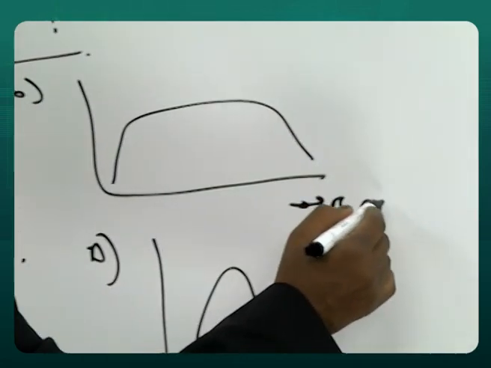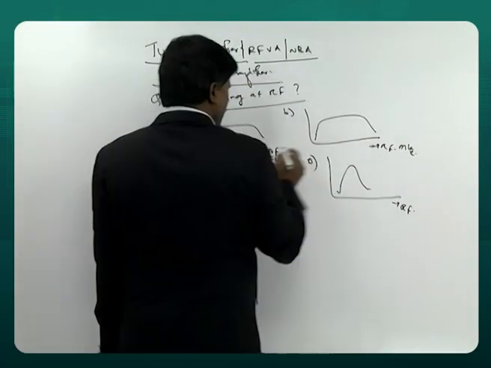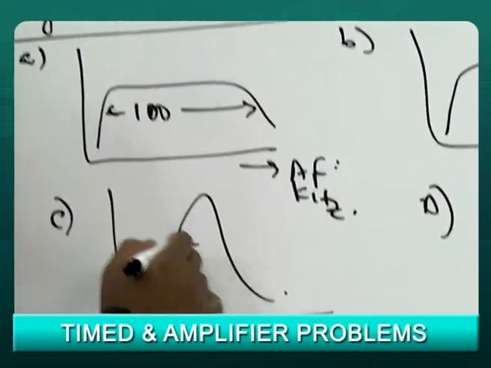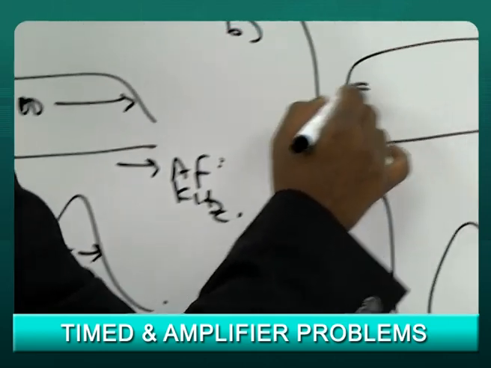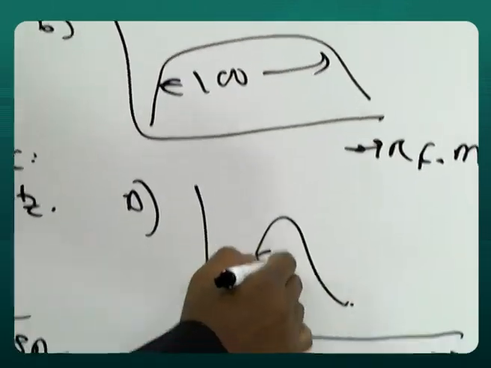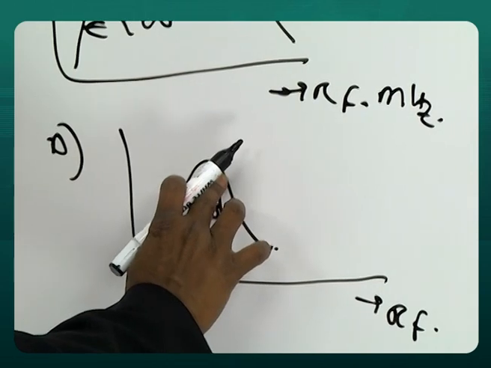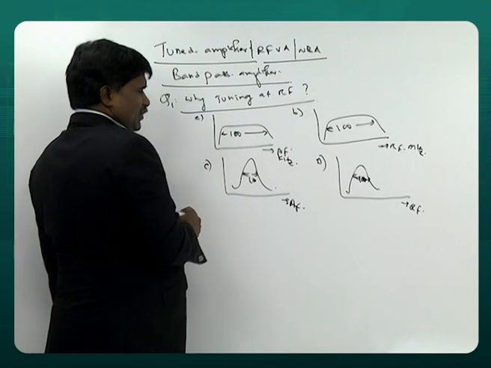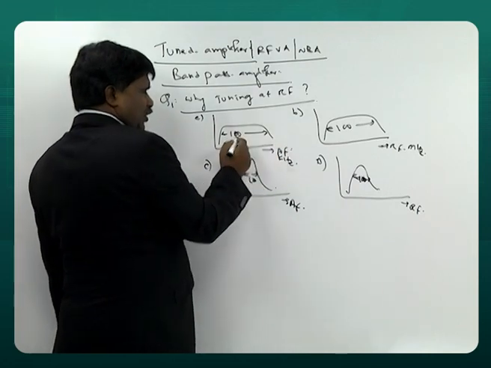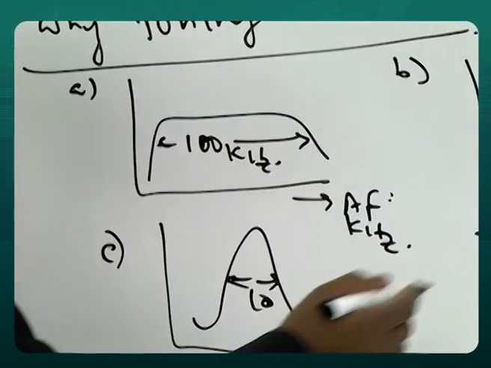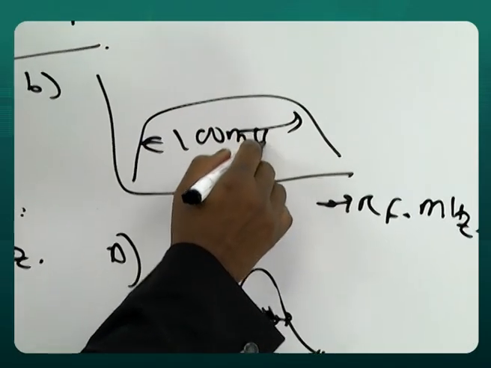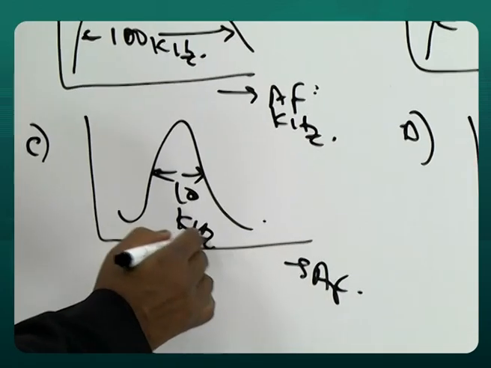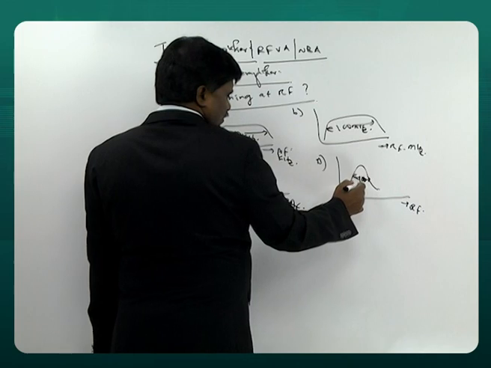Radio means megahertz. Suppose the bandwidth is 100, this is 10, this is 100, 10. Say for example, 100 means 100 kilohertz, 100 means 100 megahertz, 10 means 10 kilohertz, 10 means 10 megahertz.